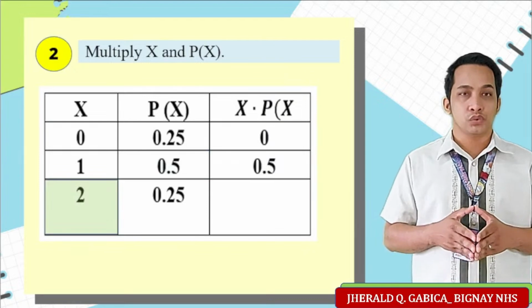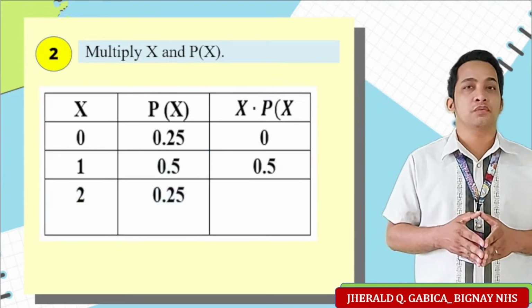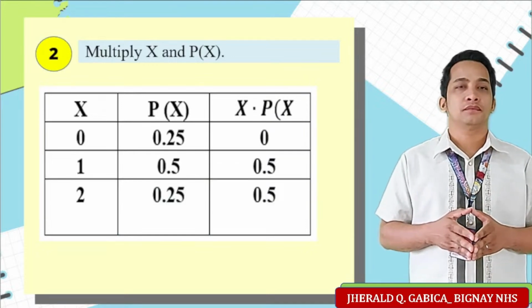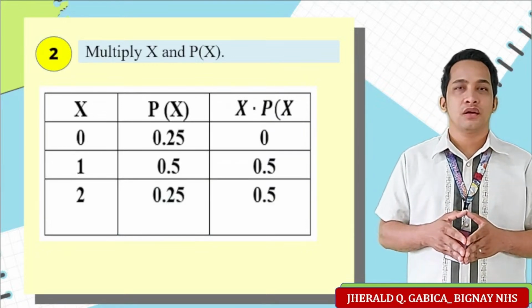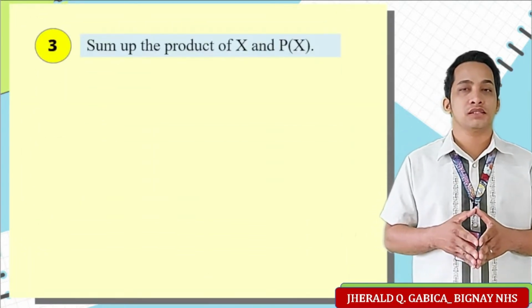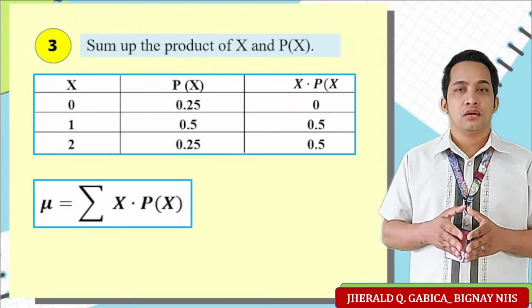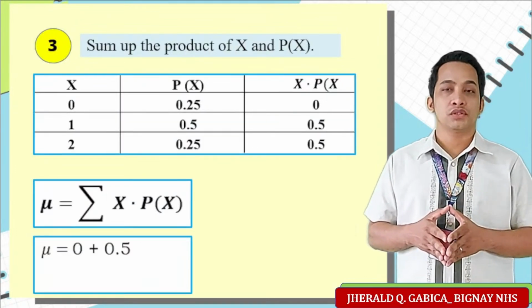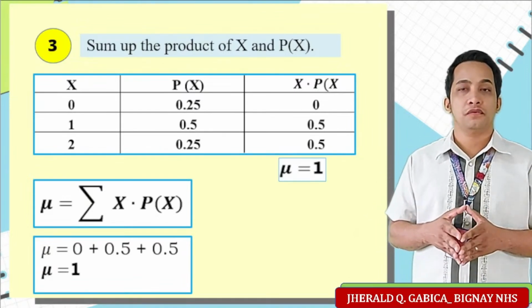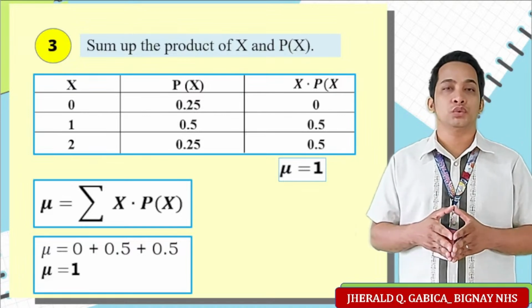And for x equal to 2, times the probability 0.25, that is equal to 0.5. For step number 3, we just sum up the products of x and the probability of x. So the mean is equal to 0 plus 0.5 plus 0.5. So our mean is equal to 1.